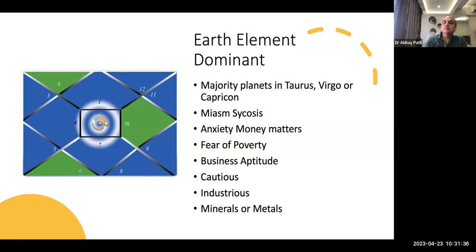These people are more inclined towards money matters, more inclined towards security, and are more grounded people. Their main feeling revolves around money matters or property. For them, this becomes the most important thing. So which are the earth element signs?